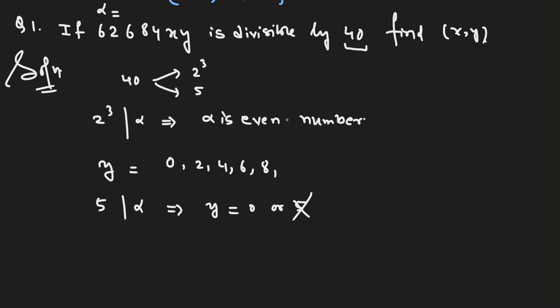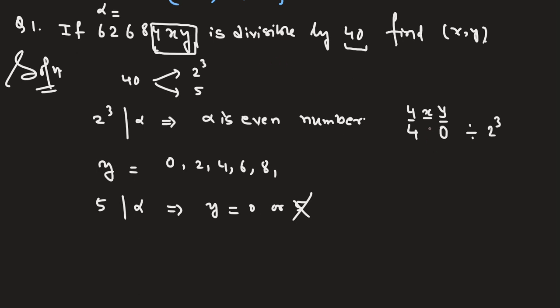But we want the number to be divisible by 40. Since the number is divisible by 2 to the power 3, the last 3 digits should be divisible by 2 to the power 3 according to our divisibility rule. So here we can put 0 in the place of y, but we don't know the value of x. This number is divisible by 8, so we choose all the possibilities.